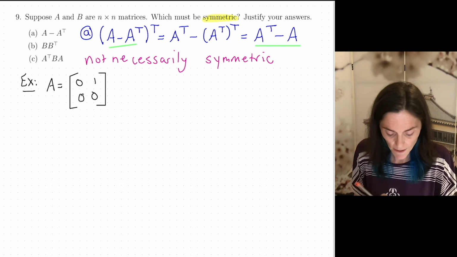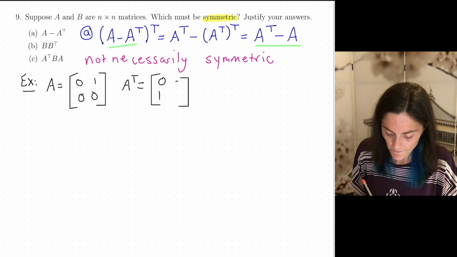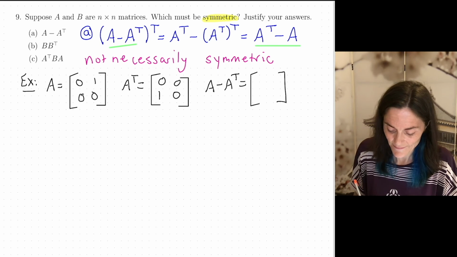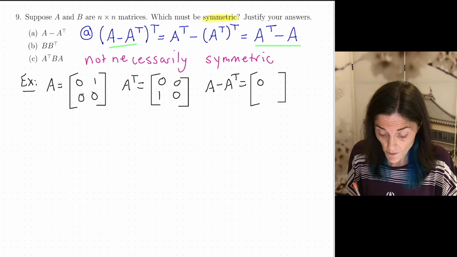And what happens here? Well, you see A transpose, it just moves the 1 here. And if you take, for example, A minus A transpose, we have 0, 1, minus 1, 0.